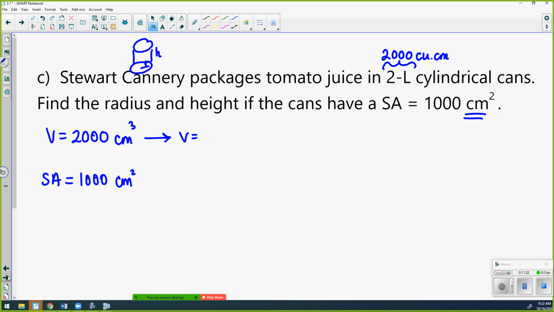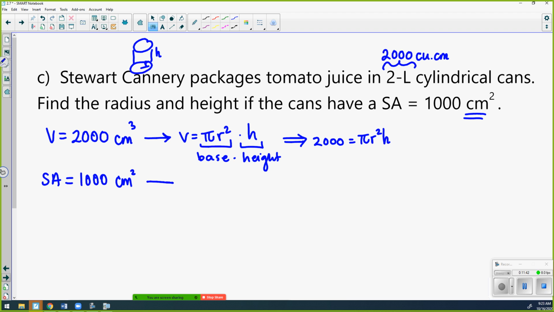So the volume of a cylinder is pi r squared, which is the area of the base, times the height. And more importantly, we can say that 2,000 is equal to pi r squared h. We're going to come back to that here in a minute.